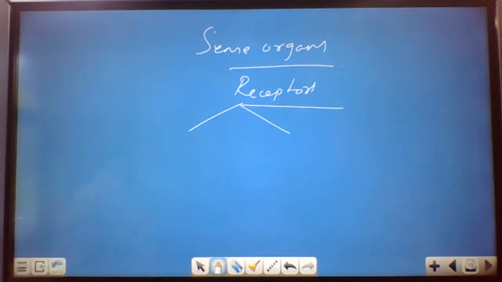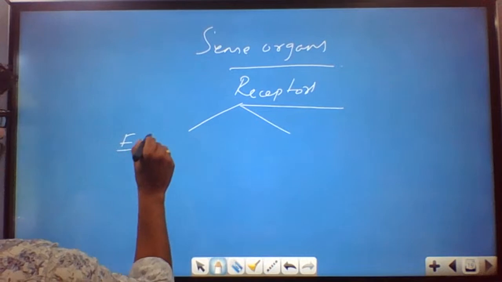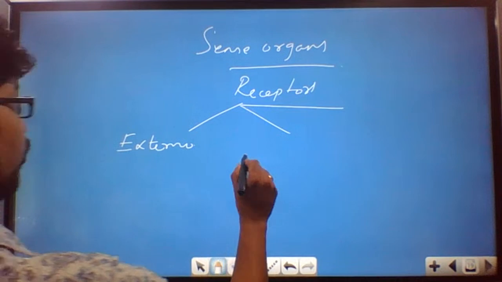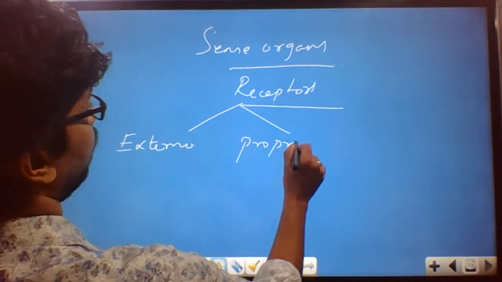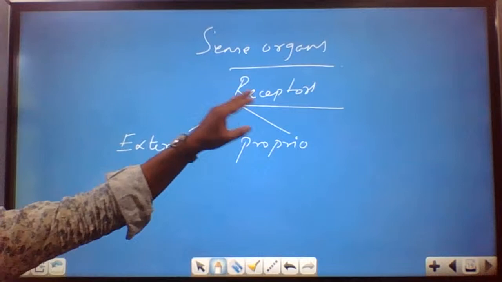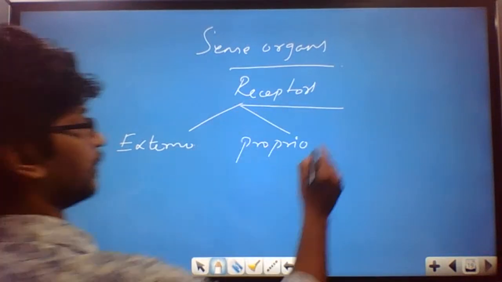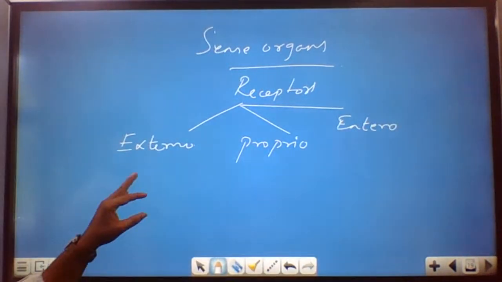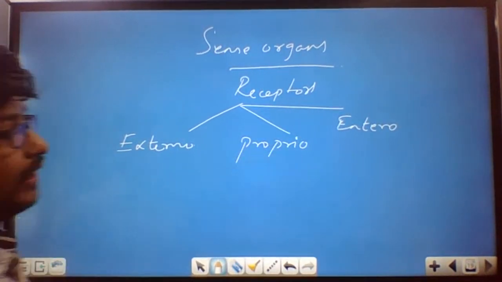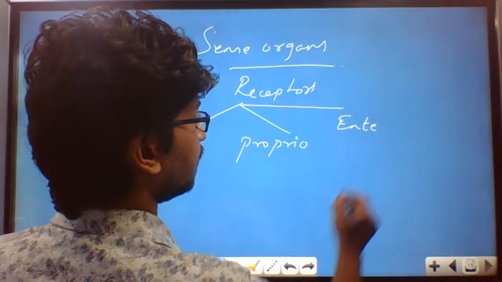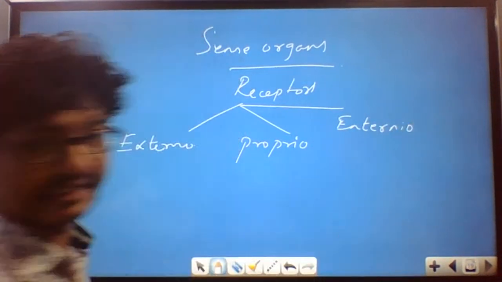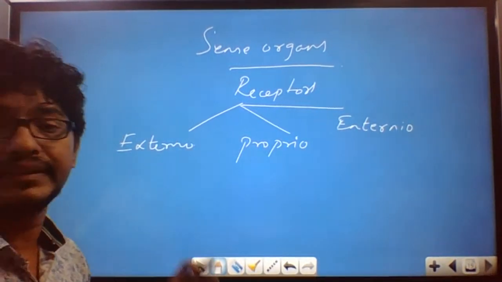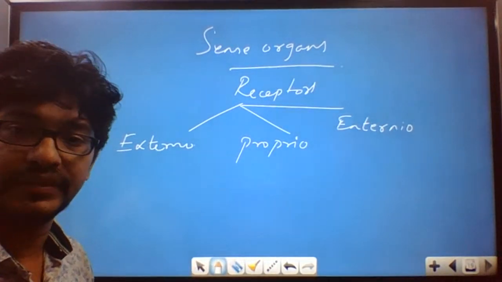The first is external receptors, the second is proprioceptors, and the third type is interoceptors. So we classify the receptors in this way, and these receptors are commonly present in the sense organs.